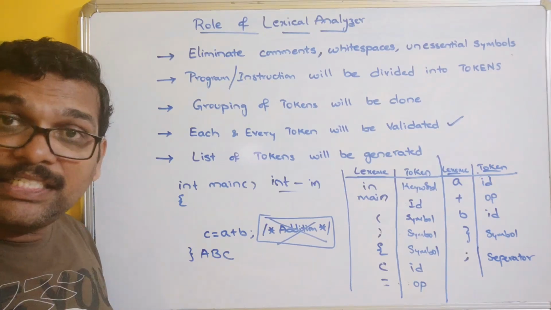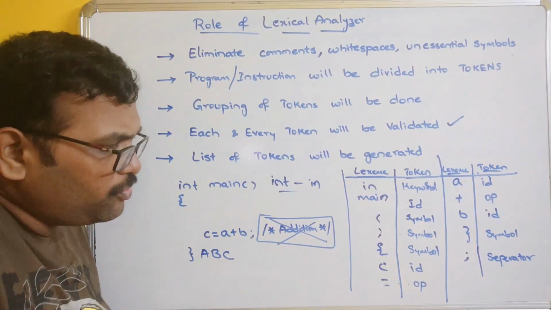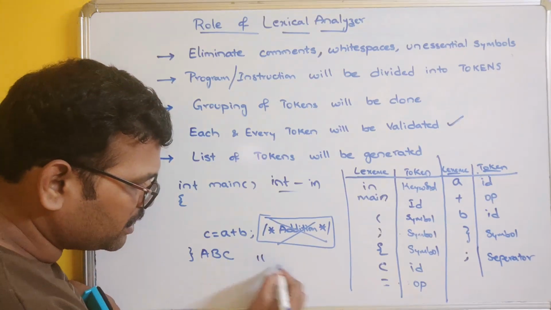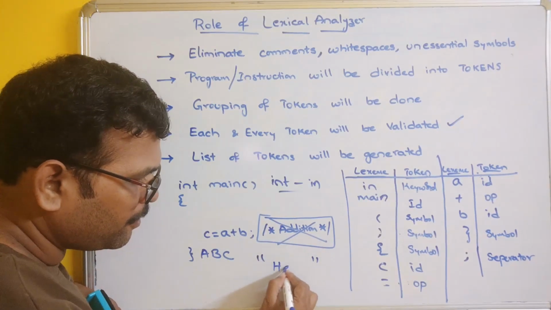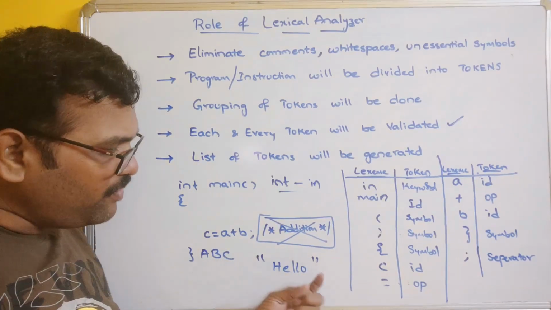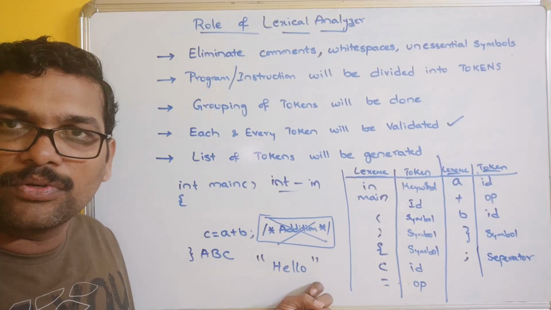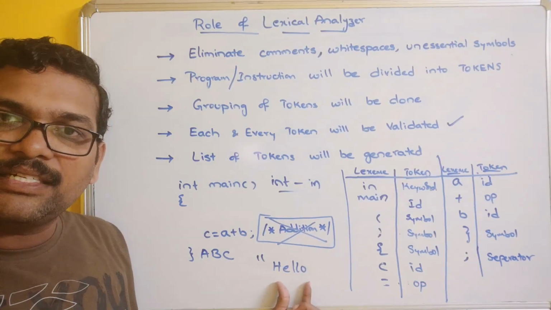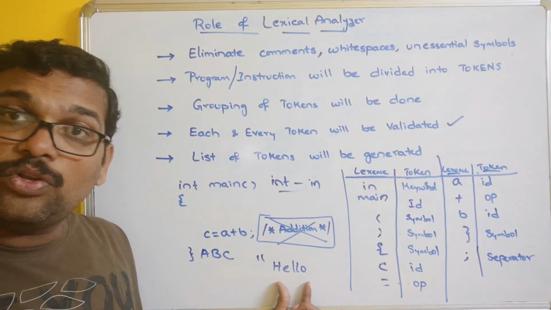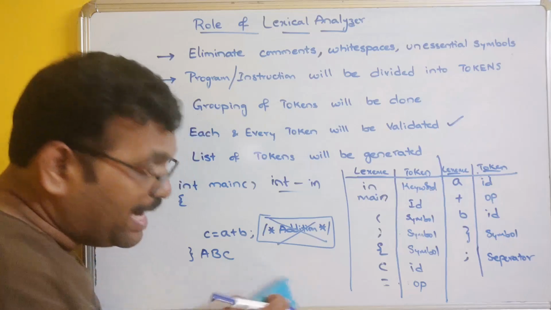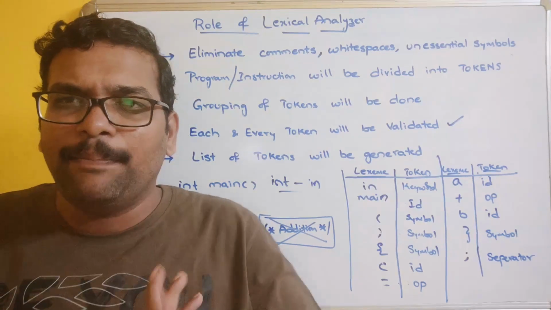Okay, and unmatched string. Usually in C programming, a string is represented in double quotations. So if you open the quotes, definitely we have to close the double quotes. So a missing closing double quote is nothing but an unmatched string. So this is also one type of error, and also exceeding the length of an identifier. That depends upon the language.